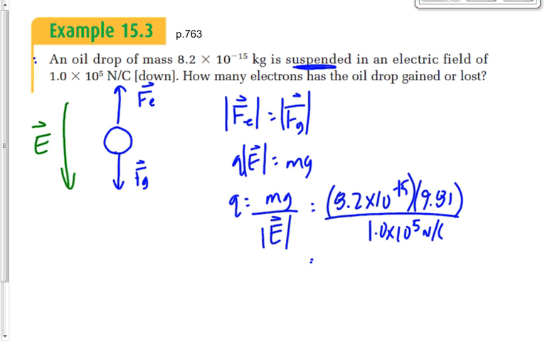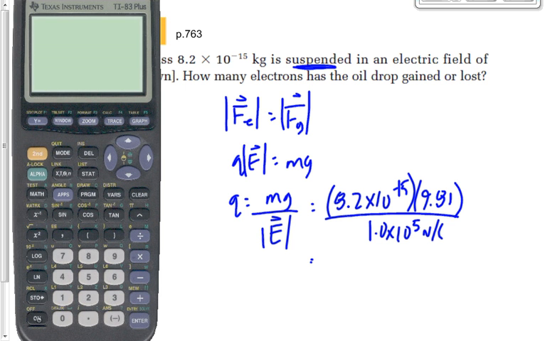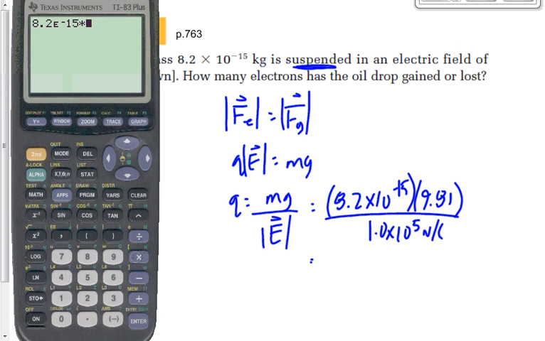Let's see what we get when we do that. 8.2 times 10 to the minus 15 times 9.81 divided by 1 times 10 to the 5. What do we get? 8.04 times 10 to the minus 19.